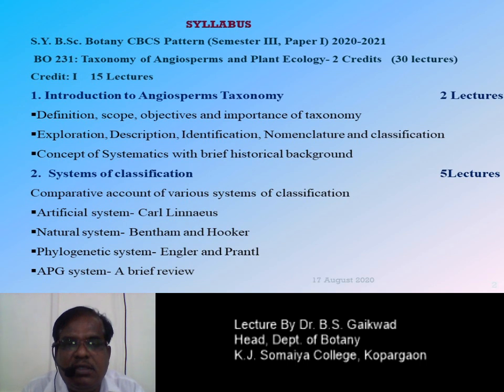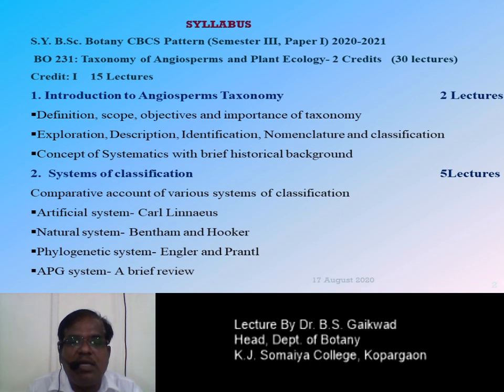Just as in the first chapter, they introduce the different types of classification systems in angiosperm taxonomy. When we define taxonomy, one point is classification. So, a comparative account of various systems of classification.